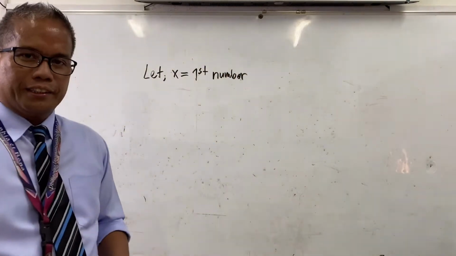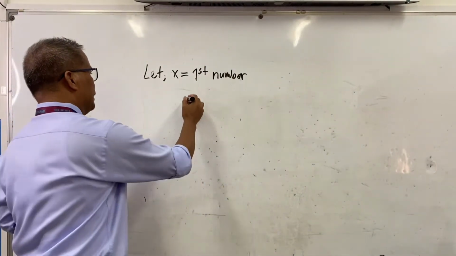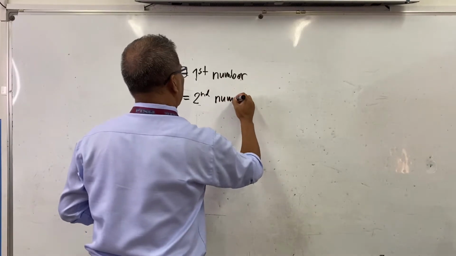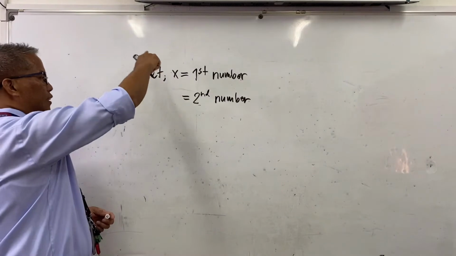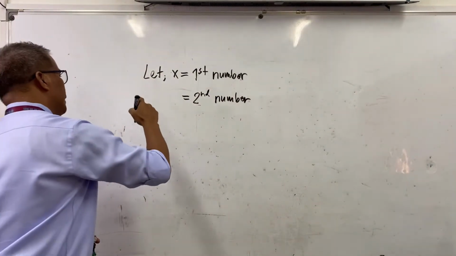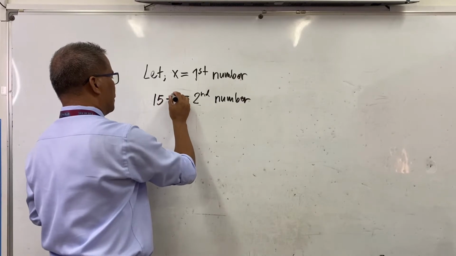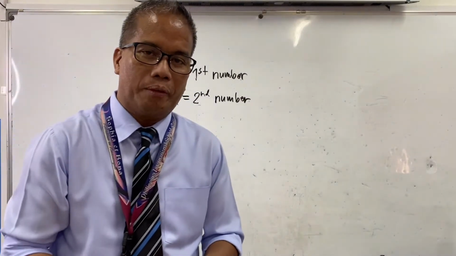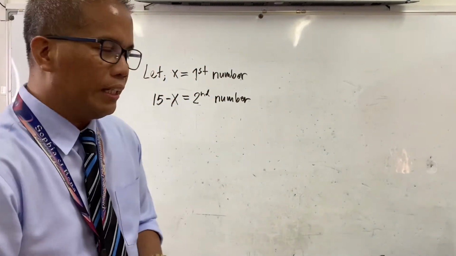And then your second number will be, if this is x, of course the sum is 15, so the second number will be 15 minus x. Why? Bakit kaya? 15 minus x is not x plus 15.